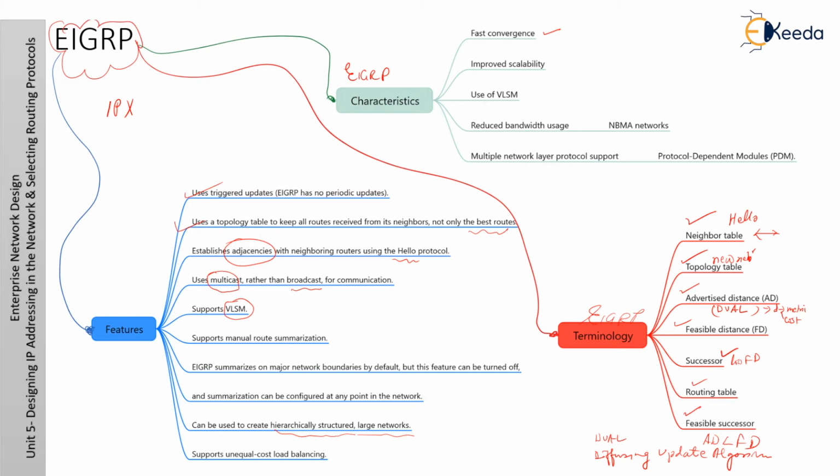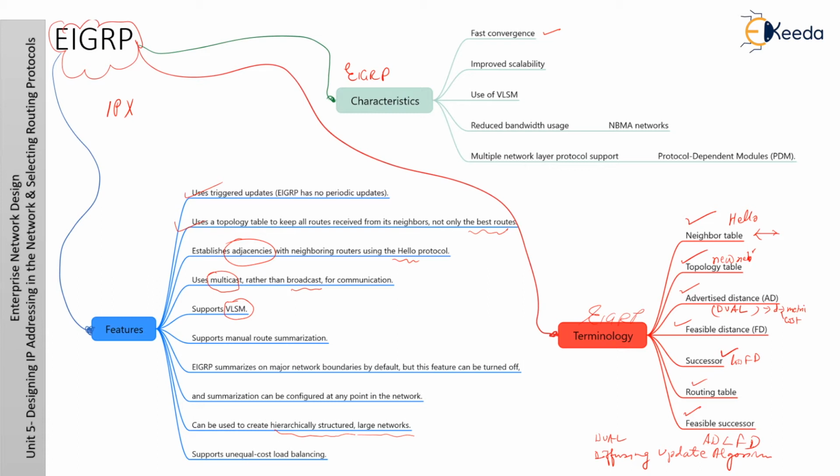This mechanism allows a backup route, the feasible successor, to be kept in the topology table for use if the primary route fails. Because this process occurs locally on the router, the switchover to a backup route, if one exists, is immediate and does not involve action in any other router.